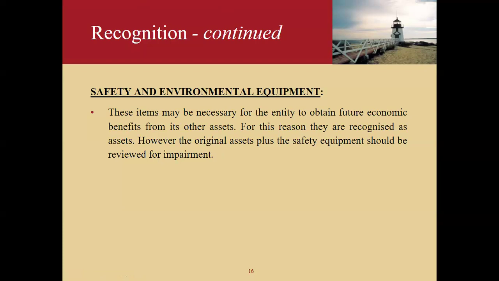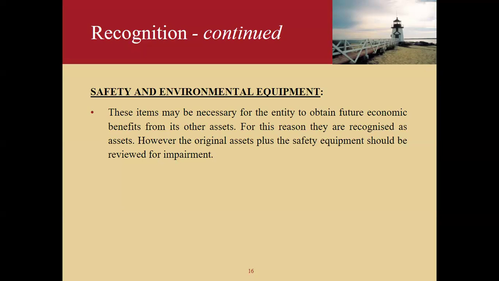So safety and environmental equipment, I can give an example of a factory. Most factories are expected to put up safety equipment and environmental equipment. For example, pollution control equipment, fire control equipment, safety barriers in factories.